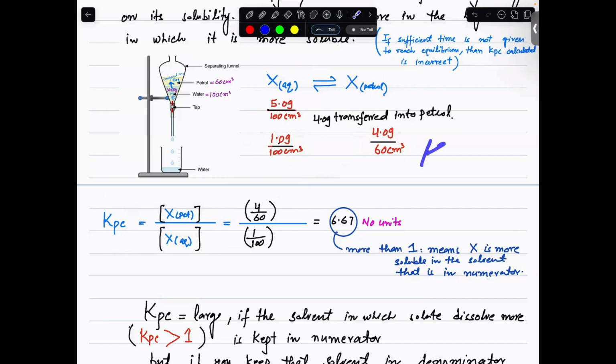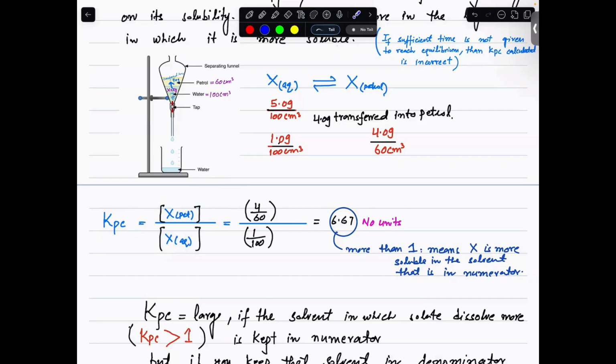Like, KSP is a product, not a ratio, but Kpc is a ratio of concentration. Kpc is the ratio of concentration of a solute between two immiscible solvents.